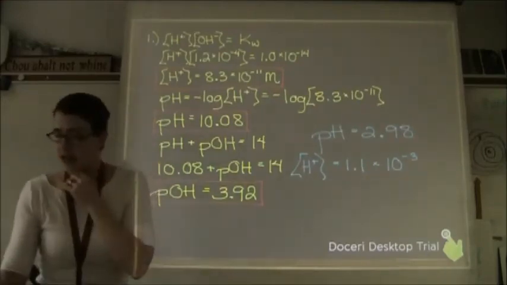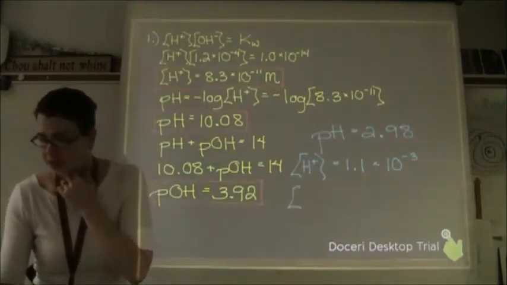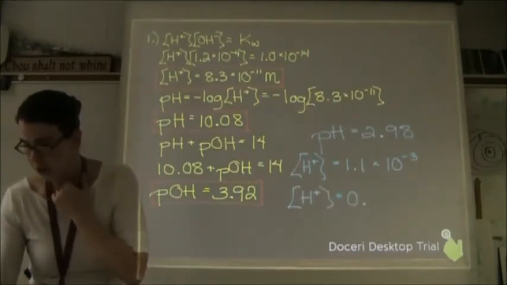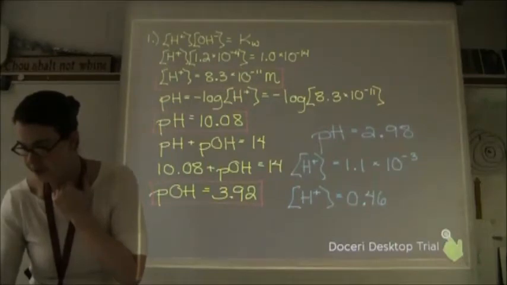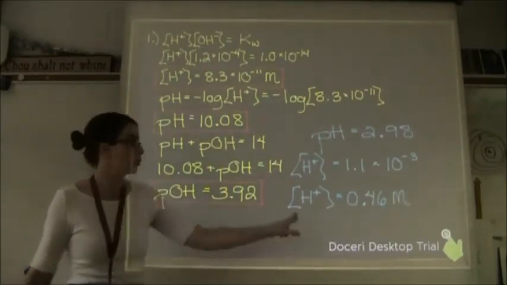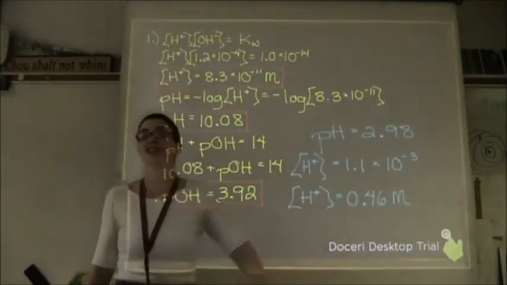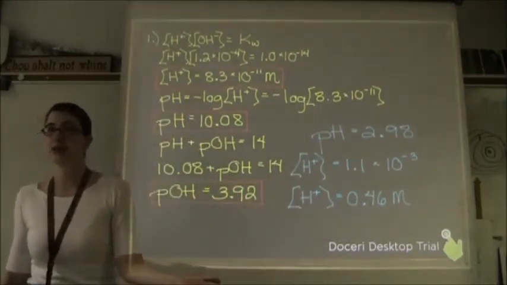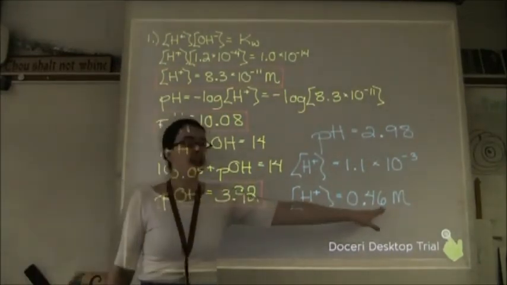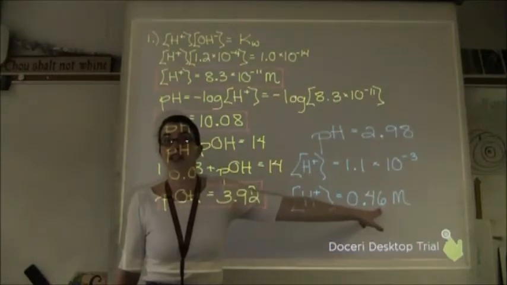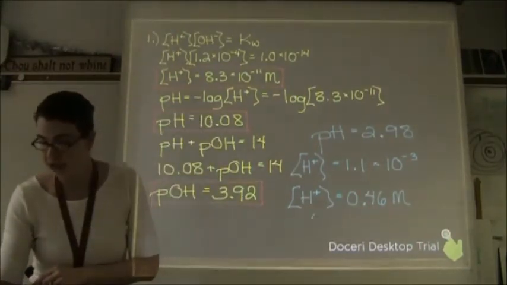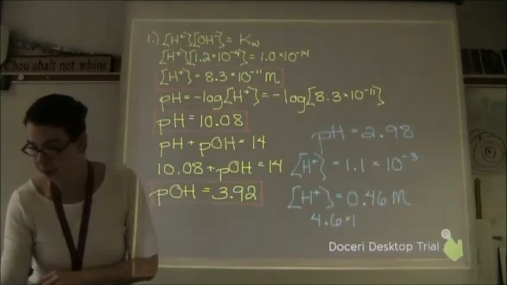Let's say you're given something like this: 0.46. Let's say it's on multiple choice, and you're supposed to estimate a pH. My suggestion, if it's not in scientific notation, put it in scientific notation. Tell me what this would be. 4.6 times 10 to the what?